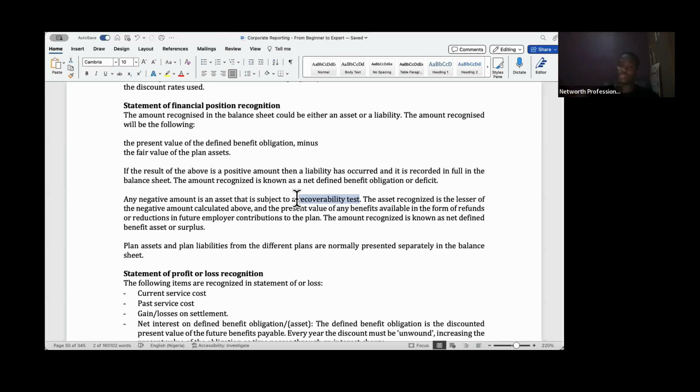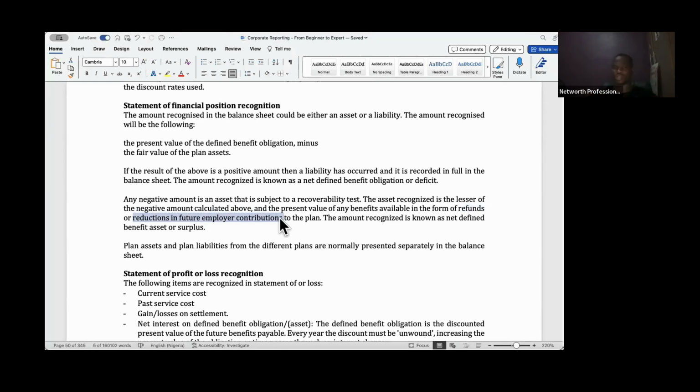And it's two things. It's either it's going to result in a refund, or they will reduce your future contribution. It's either a refund or a reduction in future contribution. So we need to subject it to this amount.